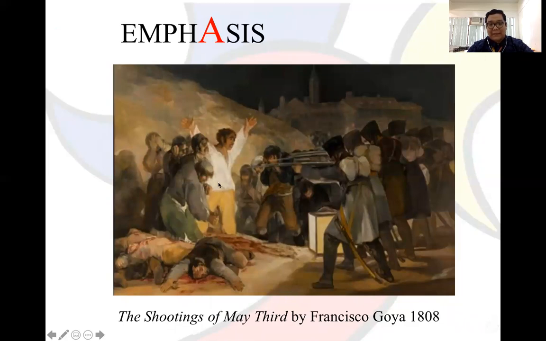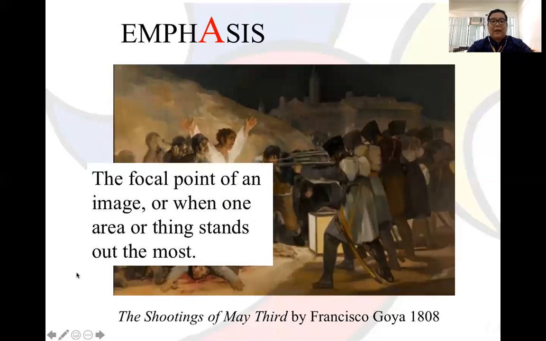This creates emphasis, by coloring this with white and a lighter color compared to the other side, which has a darker hue. Emphasis is the focal point of an image, where one area or thing stands out the most. If you can see in this painting, this is the image that stands out the most, okay, the person in white.